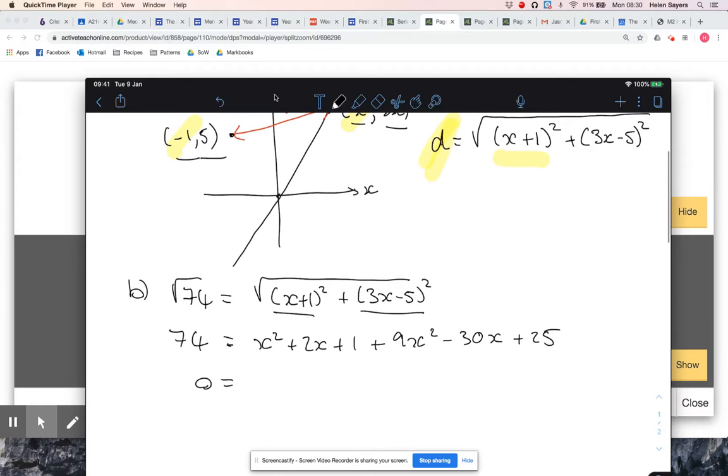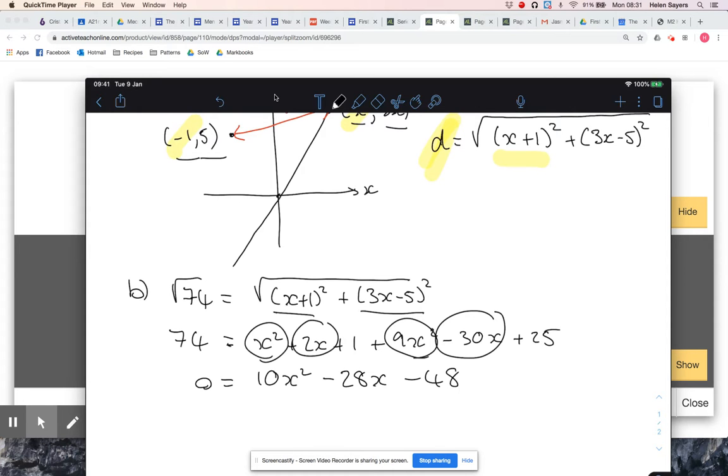That's the x squared plus the 9x squared, the 2x minus the 30x is minus 28x, and then I've got 25 plus 1, and I'm going to minus the 74. So that will give me minus 48.